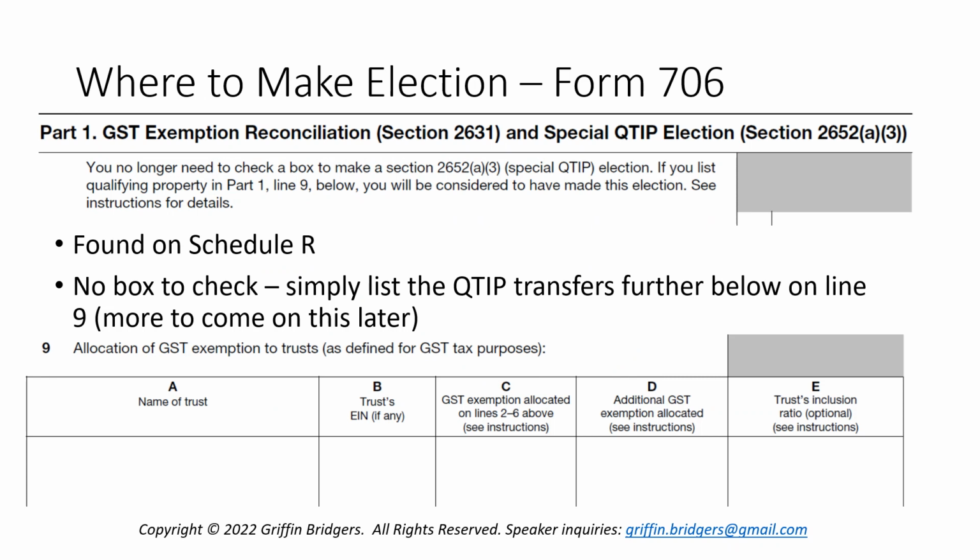So as we're going to find out later when we talk about allocation of GST exemption on Form 706, this is done by listing out each trust and the amount that was previously allocated and additional amounts allocated at death as well. So we'll look at that later, and you use that same mechanism for a QTIP trust, just simply treating it as if the deceased spouse is the transferor in that case.